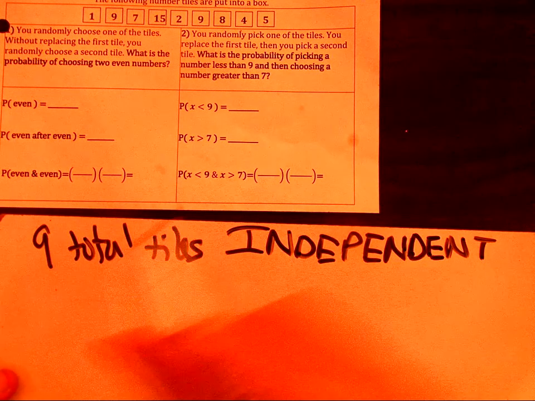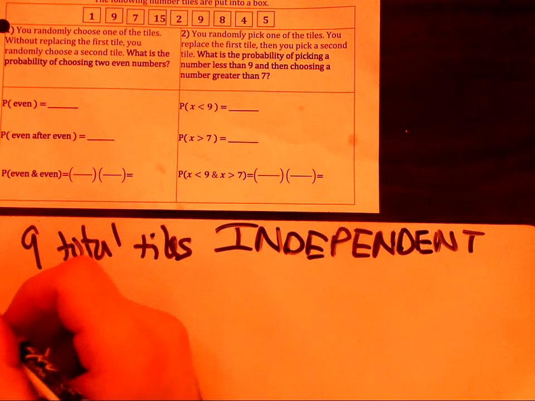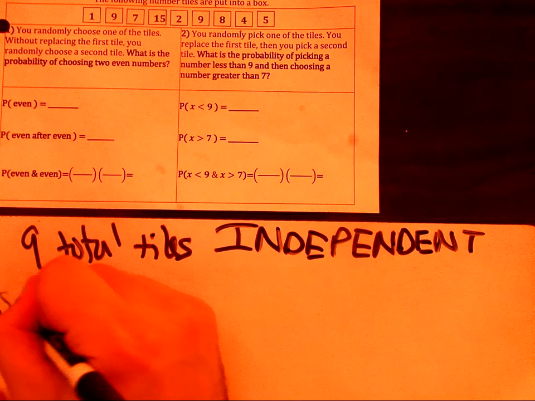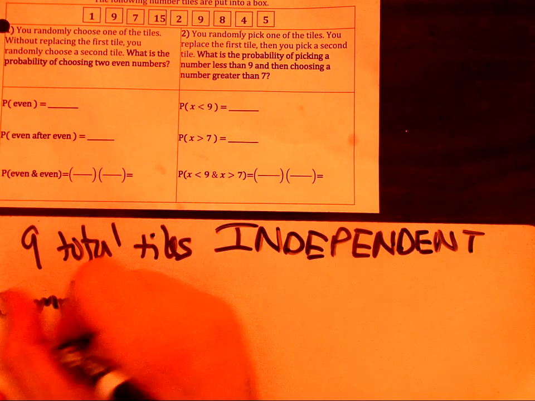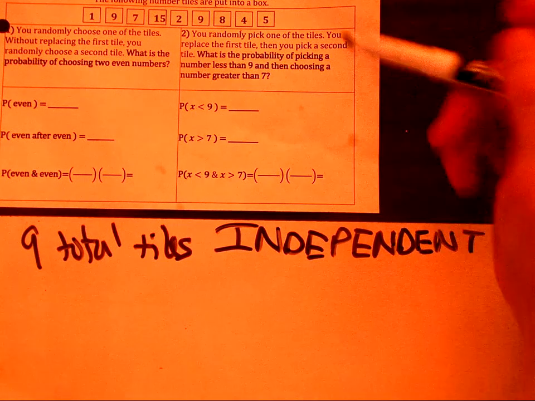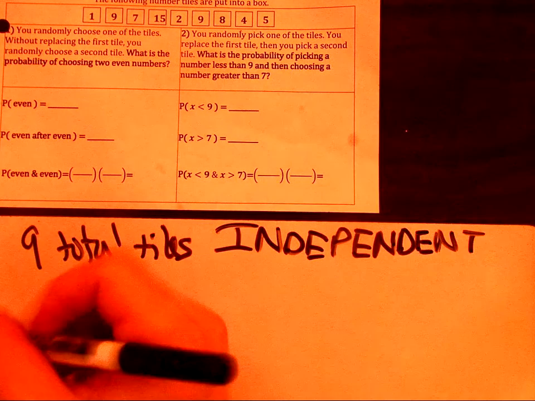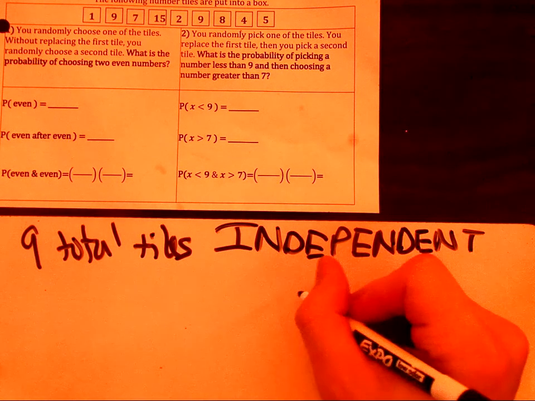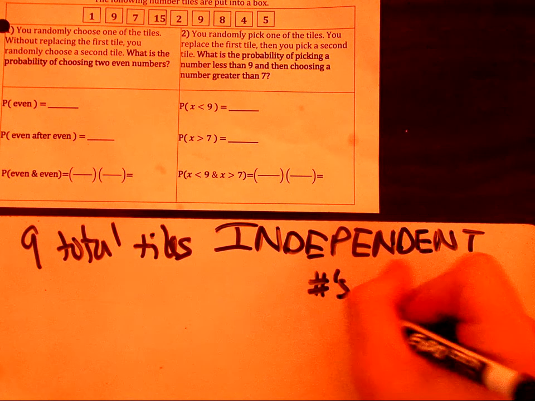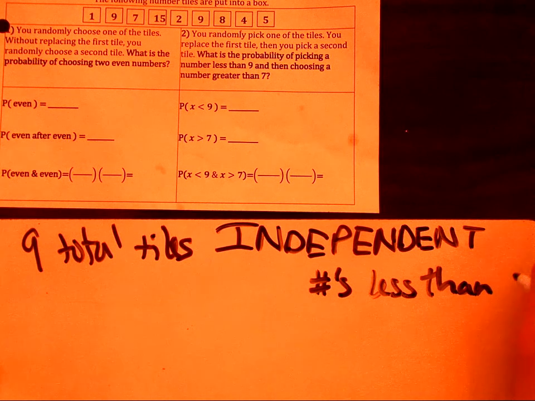So let's find out. Let me draw the sample space. Let's say how many of which are less than 9. I'm going to list numbers less than 9, meaning smaller than 9. So what numbers are those?